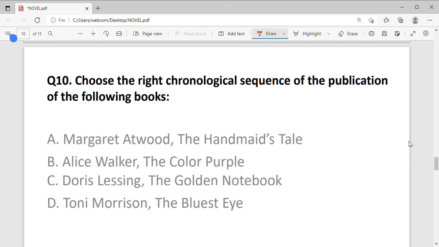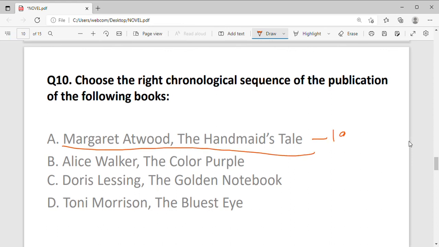Then we have: choose the right chronological sequence of the publication of the following books. Margaret Atwood's dystopian novel, published in 1985. Alice Walker's The Color Purple tries to bring out the unheard story of Black American women, the abuses, the pain and the beatings they bear.